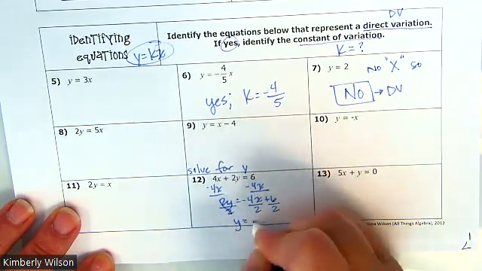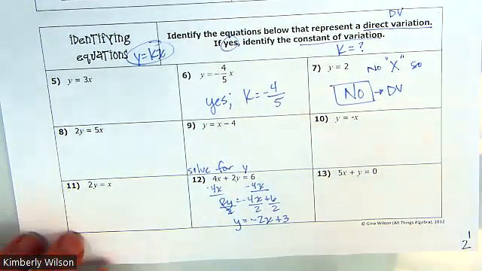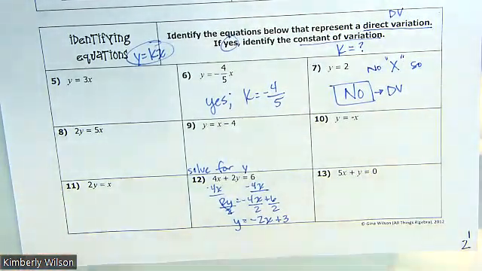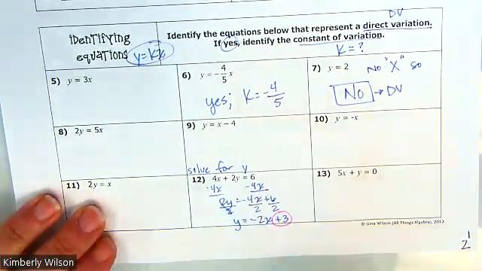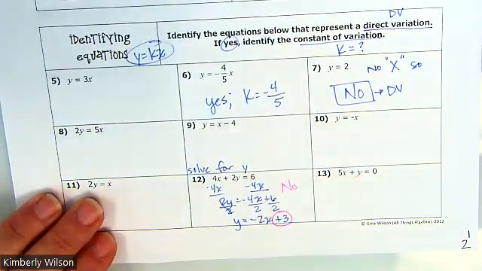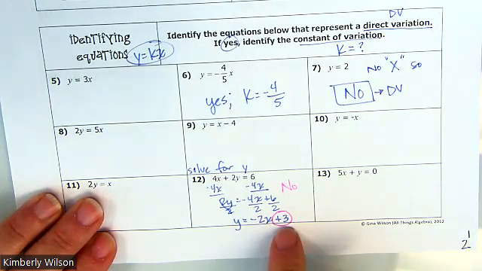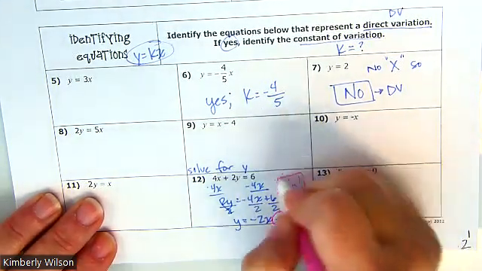And we get y equals -2x plus 3. What makes this one wrong is there is addition or subtraction. This one is no, because we have an actual number that is added or subtracted. It does not look like y equals kx.